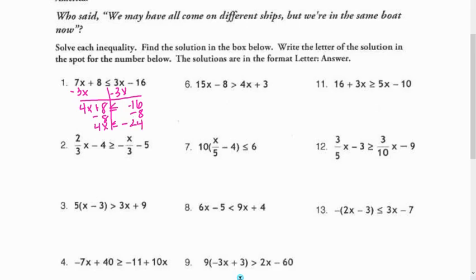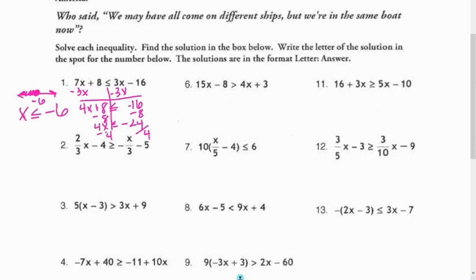And now I'm going to divide by 4. And I'm not dividing by a negative number. I'm dividing a negative number, so I'm still good here. I don't have to flip the sign. So I should get x less than or equal to negative 6. To graph this, you would graph your number line, and less than or equal to would go this way.